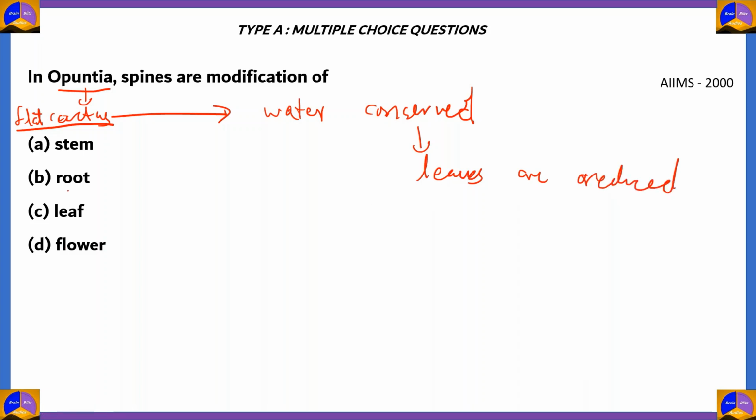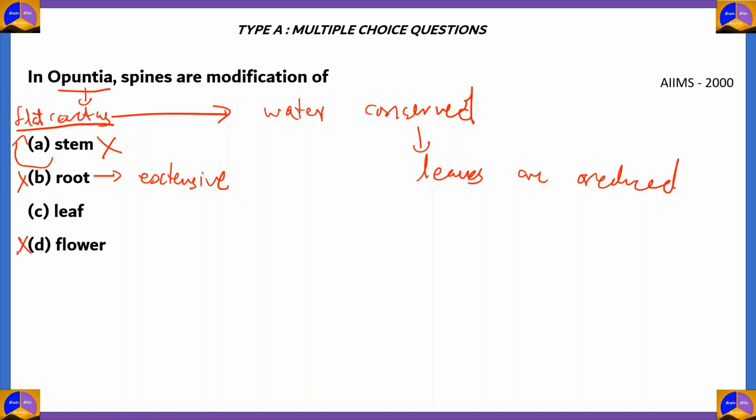Let's look at our options. Option A, stem. The stem becomes flat, but they are not called spines. So option A is incorrect. Option B, root. Opuntia or any other type of cactus have an extensive network of roots. So option B is incorrect. What about option D, flower?